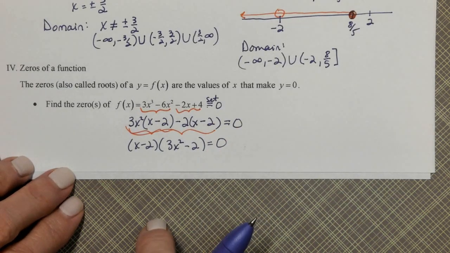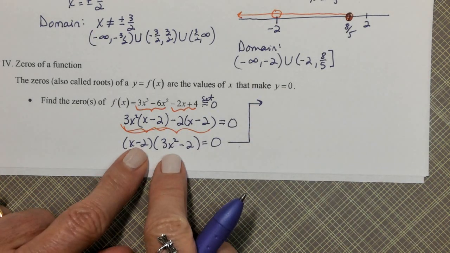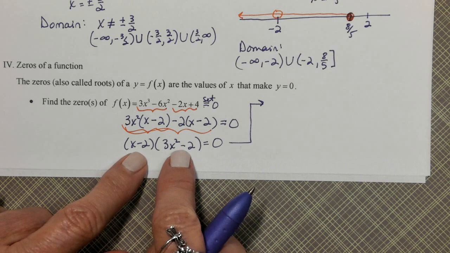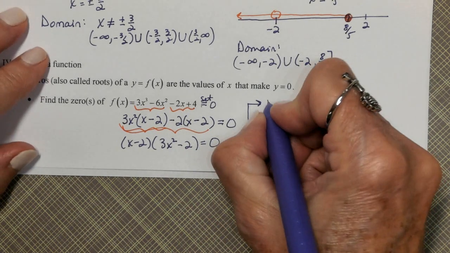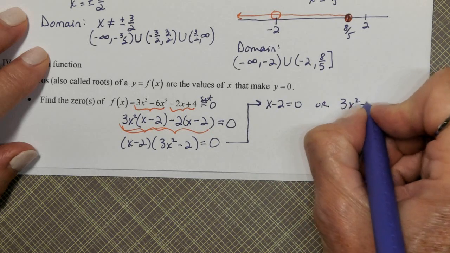Still equal to 0. So now we have 2 expressions that are multiplied together to equal 0, which means that either x minus 2 is 0 or 3x squared minus 2 is 0.